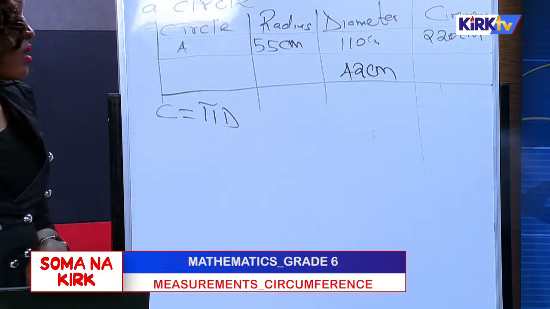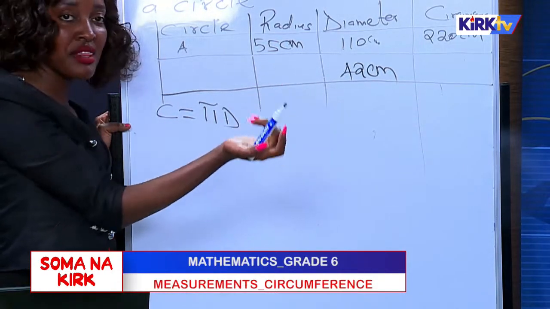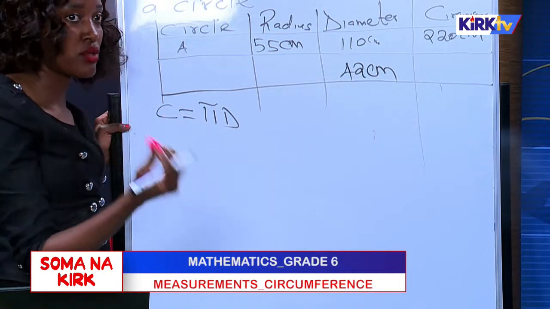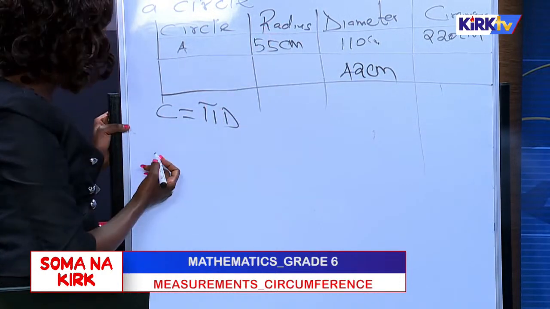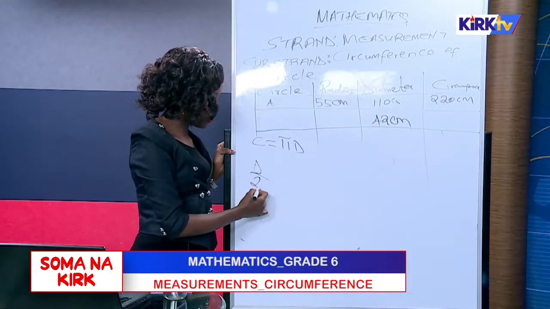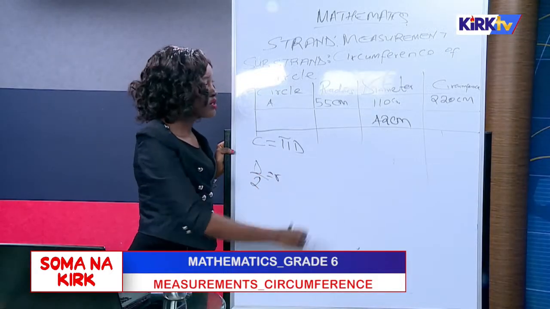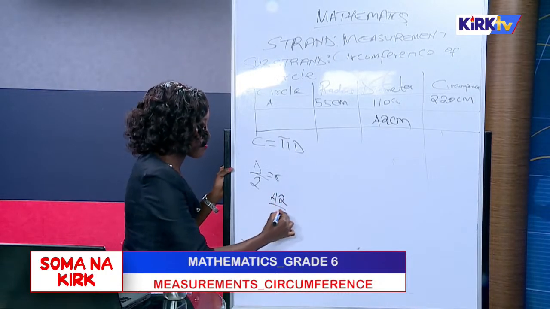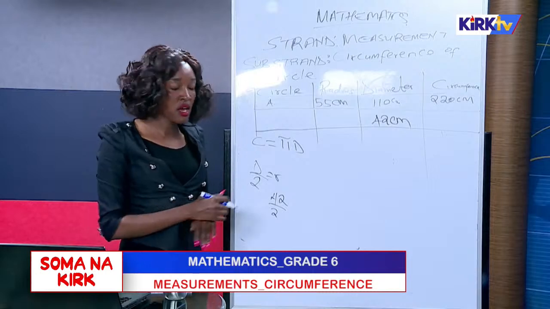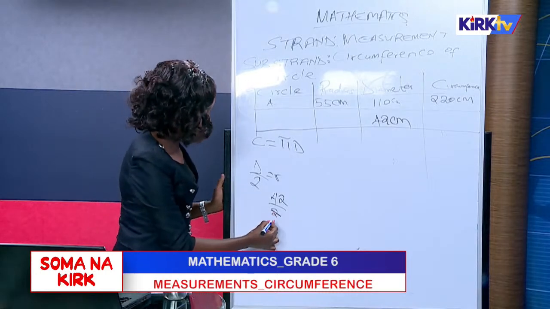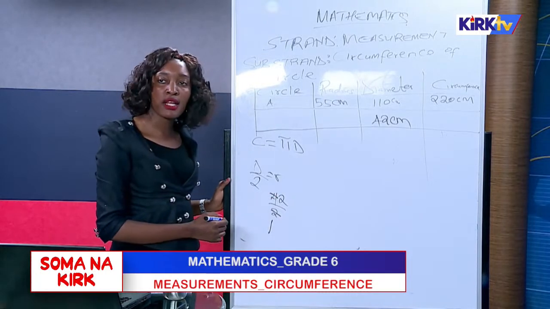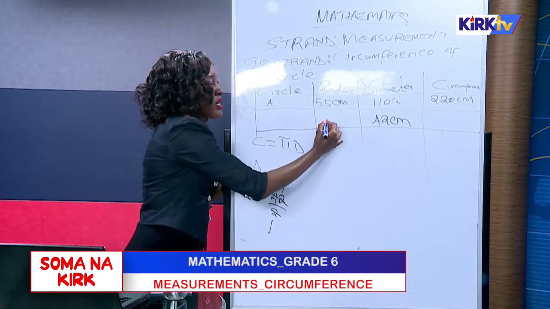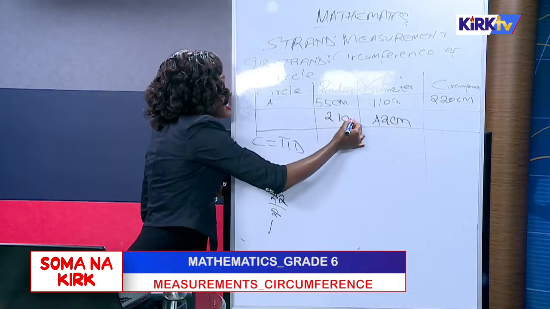This one is very easy. Why? Because you have the diameter, and we said that diameter is simply radius times 2, all right? So we take our diameter, and then you divide by 2, we get the radius. So our diameter in our case is 42 divided by 2. By 2, 1 by 2, that is 2 by 2, 1, all right? So our radius is 21 centimeters.